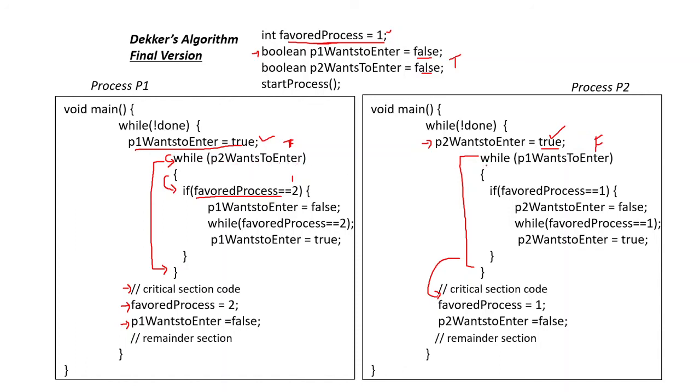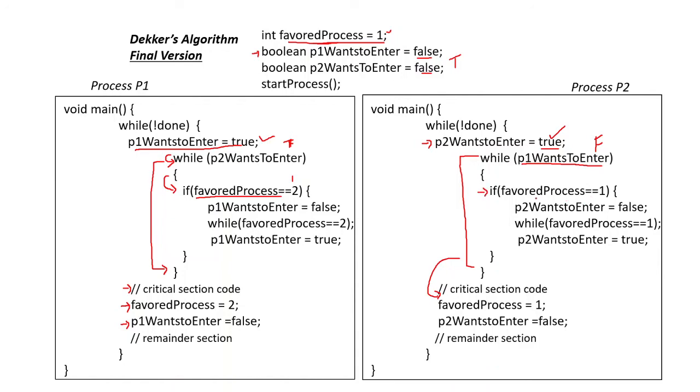Now let us come to process P2. P2 evaluates this while loop, and there it sees that P1 wants to enter has been set to true. Now it checks what is the value of this favored process.